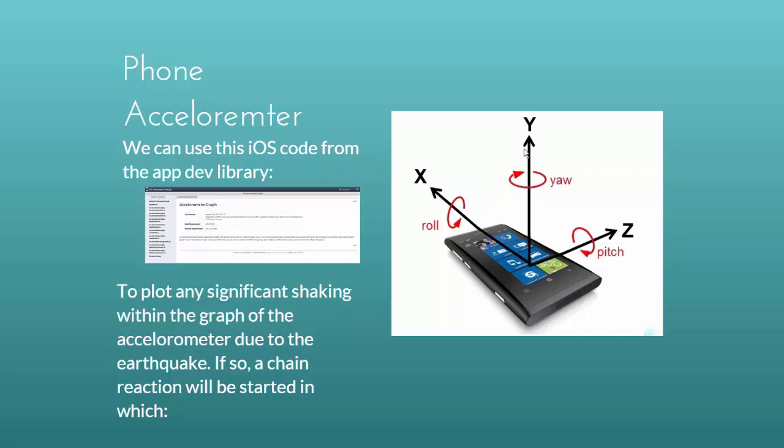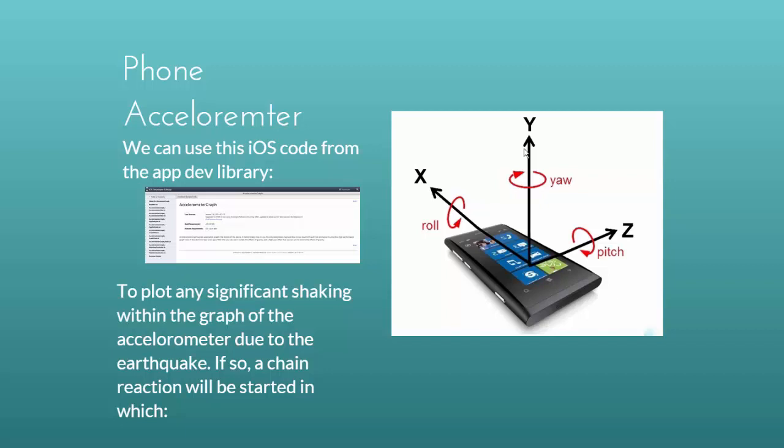So its pitch, its yaw, its roll, it's basically its angle of movement. So we can plot any significant shaking within the graph of the accelerometer due to the earthquake. So for example, even if the person who's using the phone doesn't realize it, the phone accelerometer will graph the slight shaking.